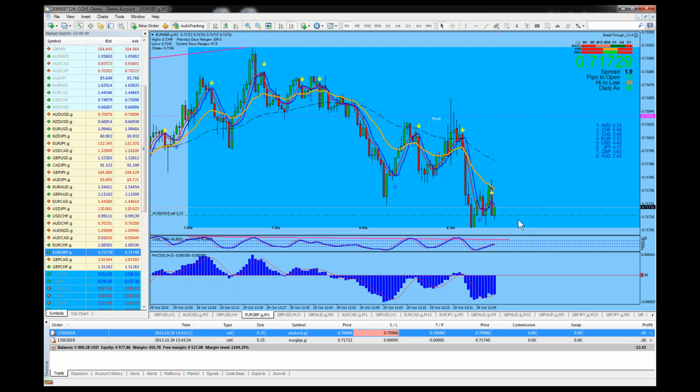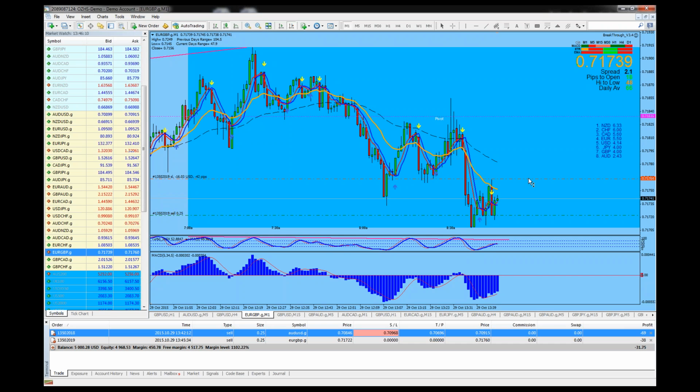It usually pays more than the other pairs; I didn't check my other platform. Let's put a stop in here. 9. And what do we got? Like a 2 pip spread. That's 15 pips to there.